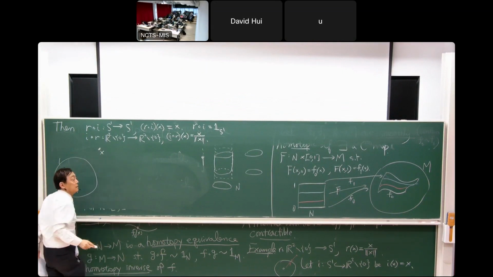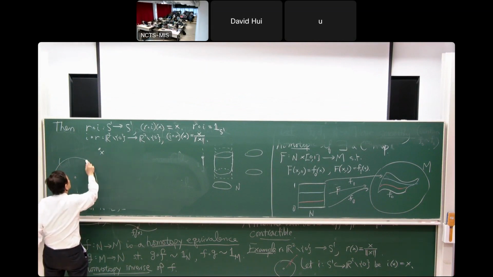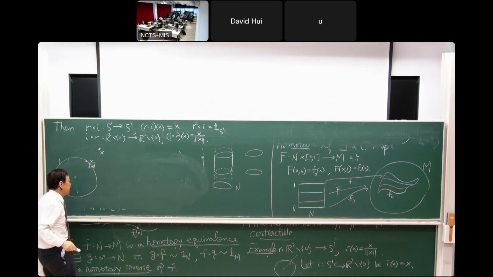So the identity will take x to x, and then I composed with R will take x to x over its length.